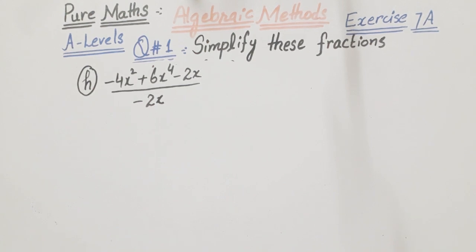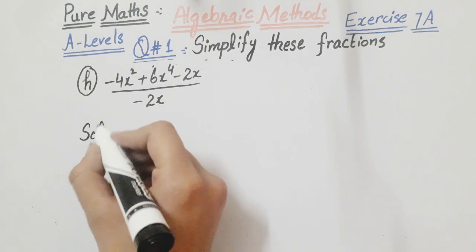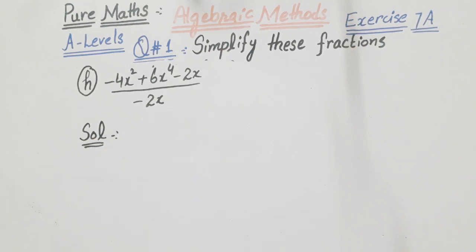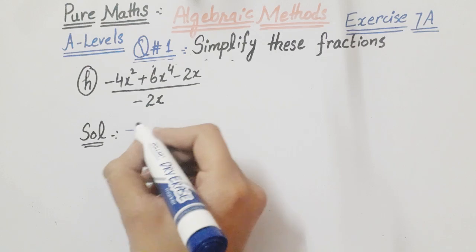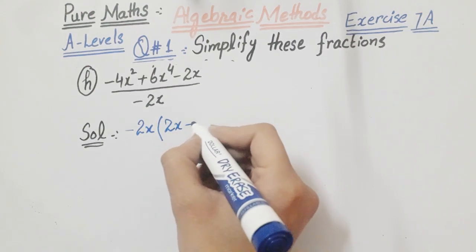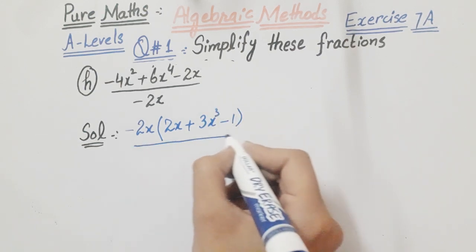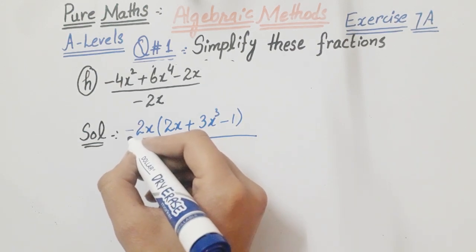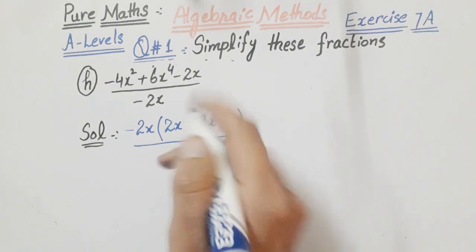Now in this part we will take -2x as common. So we will write -2x into (2x + 3x^3 - 1), and when we take minus as common, the signs inside the bracket will also be changed.